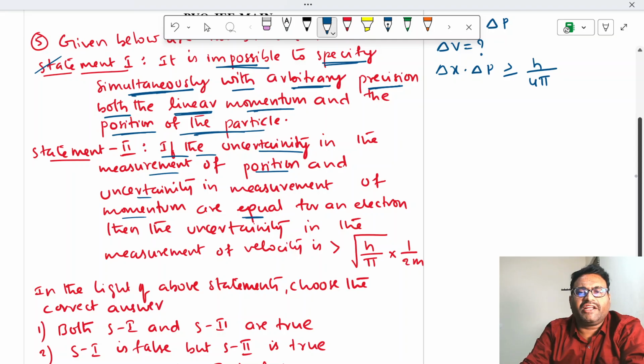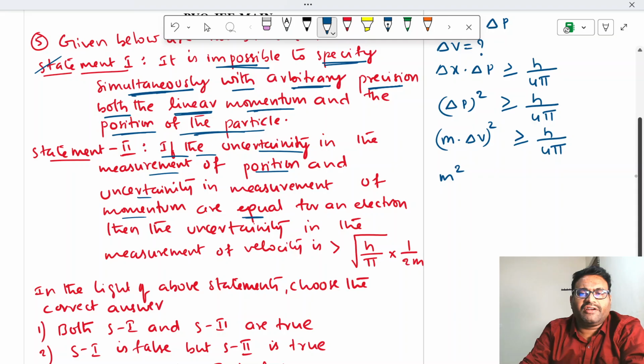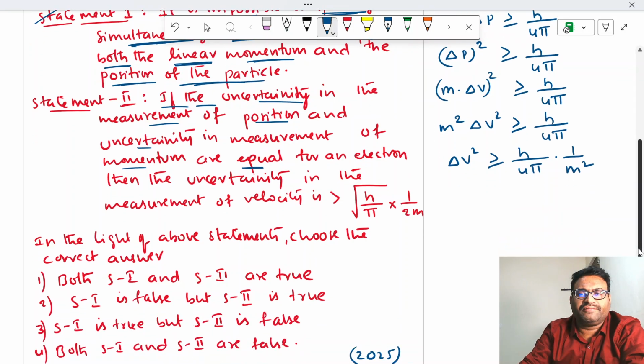These two are equal, so delta p square is greater than or equal to h by 4 pi. Delta p is m into delta v, so m square delta v square is greater than or equal to h by 4 pi, and delta v square is greater than or equal to h by 4 pi into 1 by m square.